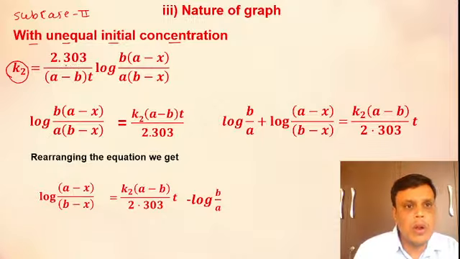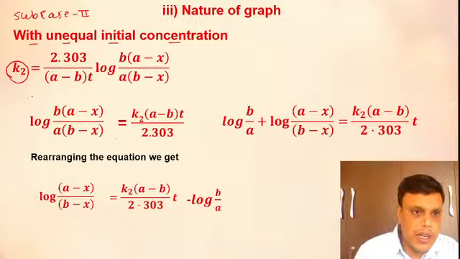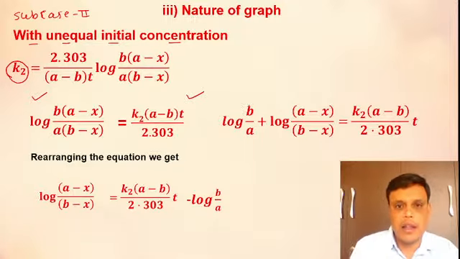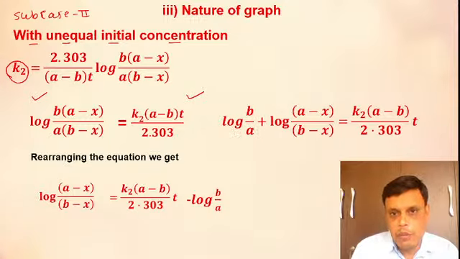K2 is equal to 2.303 divided by (a minus b) into t, log of b into (a minus x) divided by a into (b minus x). If you rearrange that, log b by a plus log (a minus x) divided by (b minus x) is equal to K2 (a minus b) divided by 2.303t.